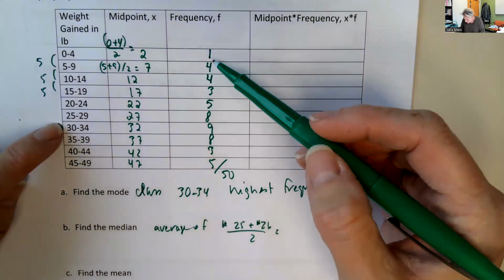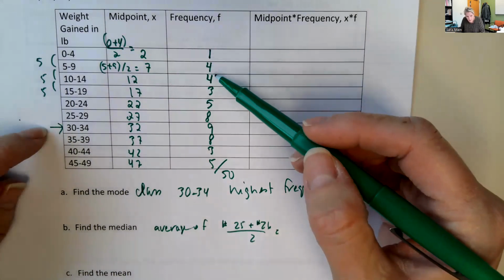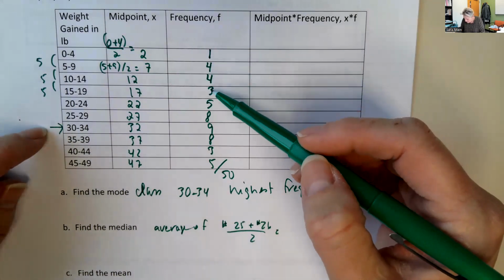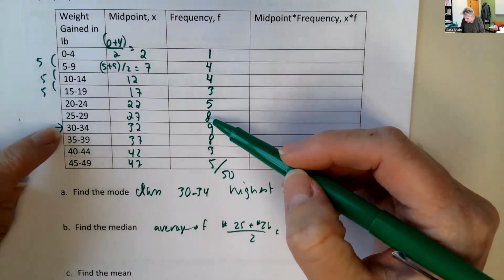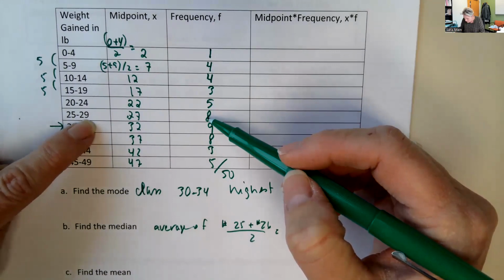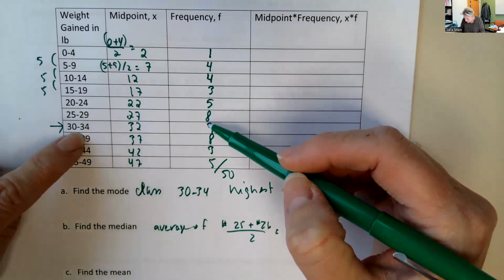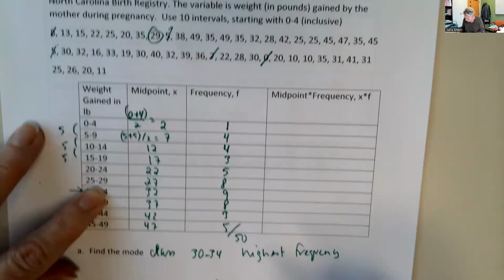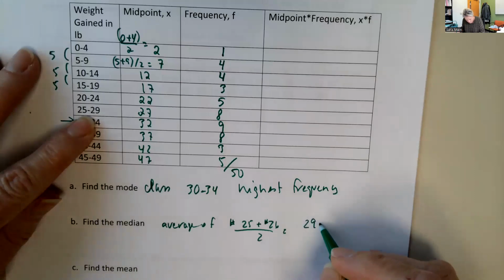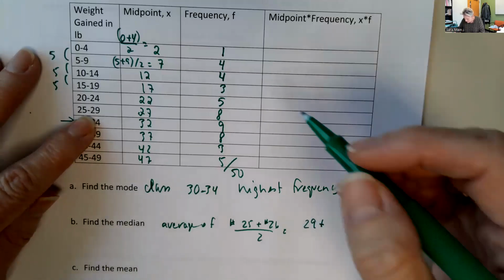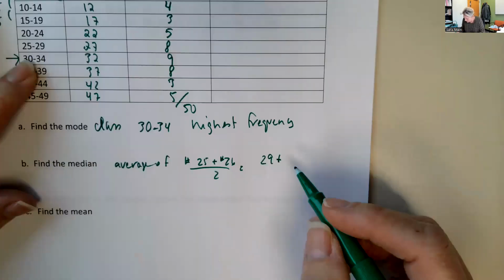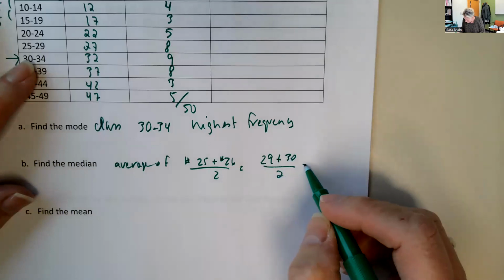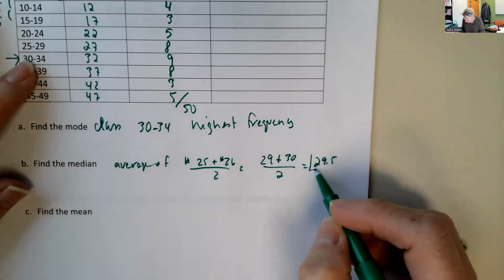If we know that there are 1, 4 is 5, 4 is 9, 12, 17, 25, so we know that point 25 is in this range, and then point 26 is in the next range. There is a 29 in this 25 to 29, so that's one of them. So 29 plus, in the next range of 30 to 34, I think there is a 30, so that's going to be the next data point. Divided by 2 is 29.5. That is the median.